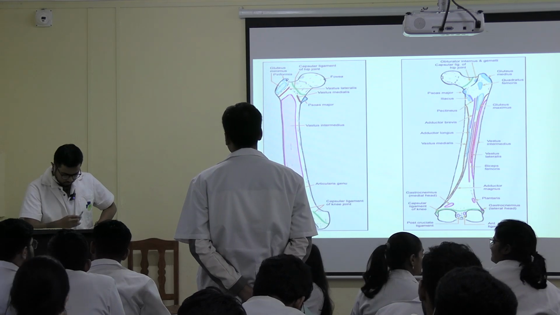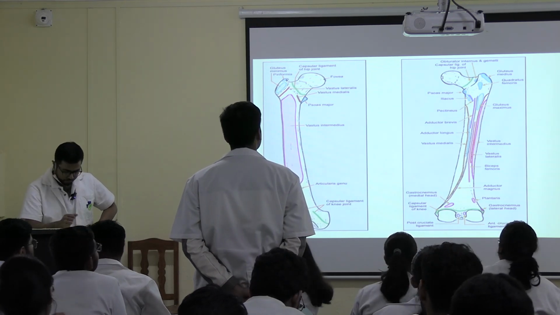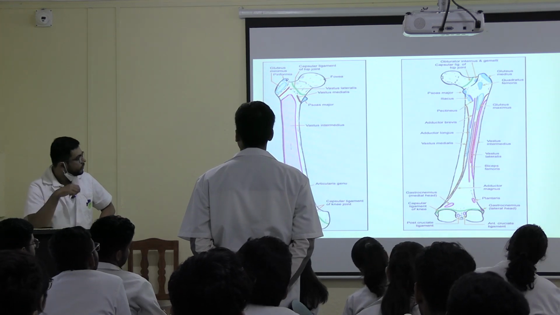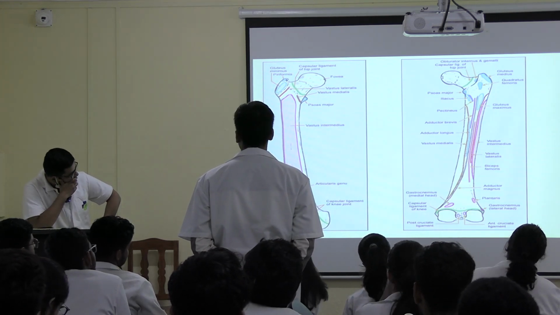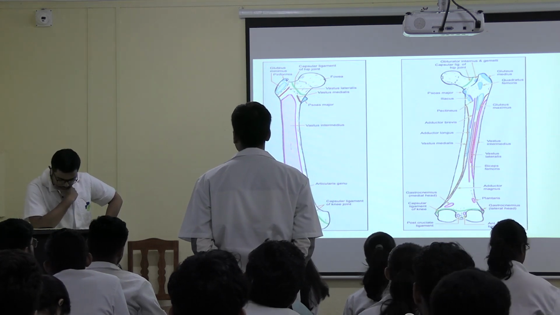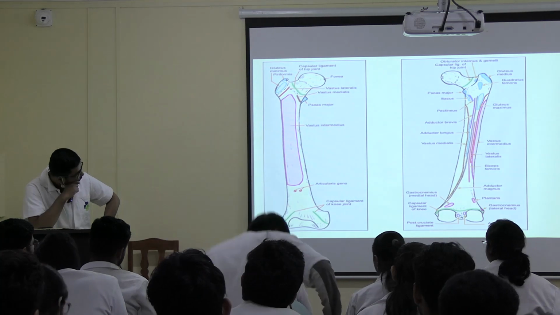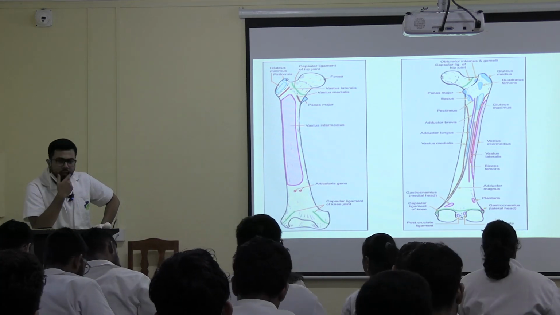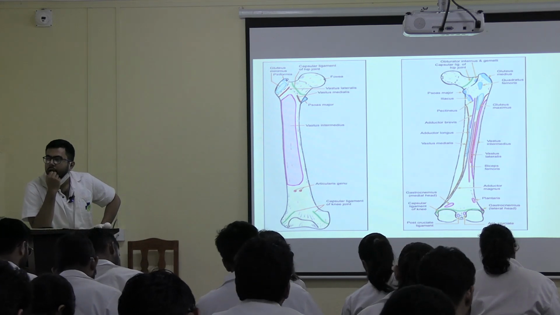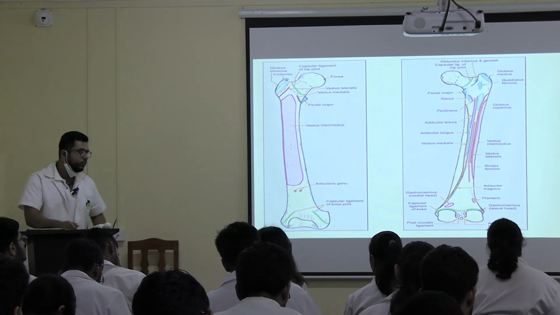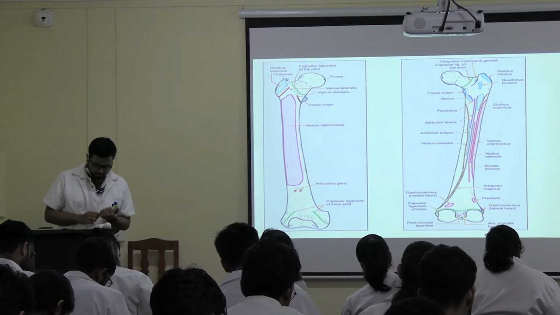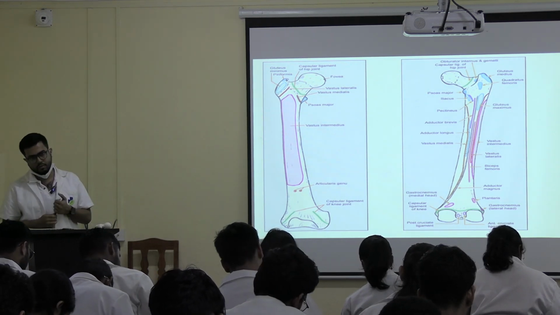Tell me, where is the pectineus attached? Pectineus is attached on the posterior side, below the lesser trochanter. Yeah, kind of. Sit down, write down: pectineus is attached from the root of the lesser trochanter on the posterior aspect.